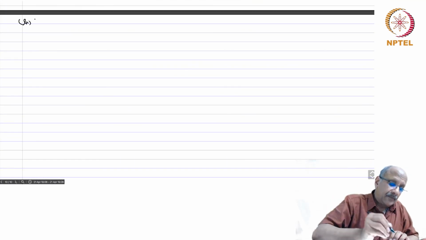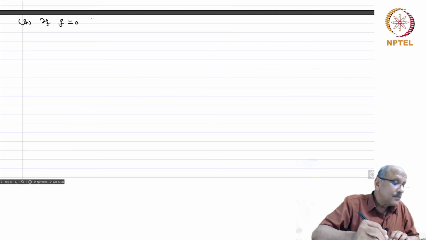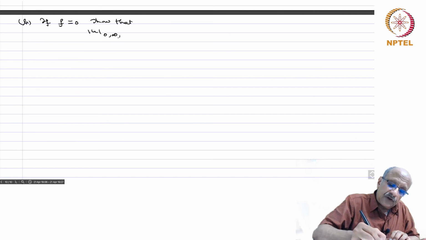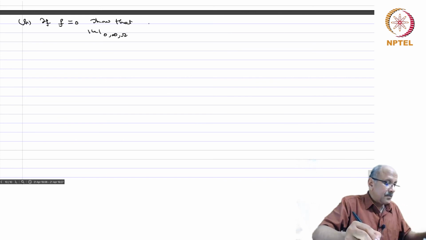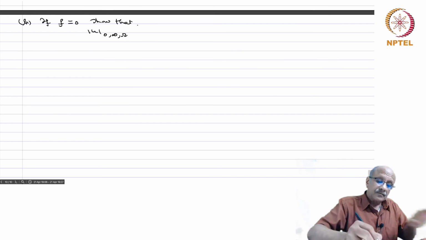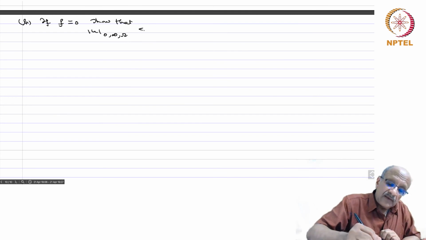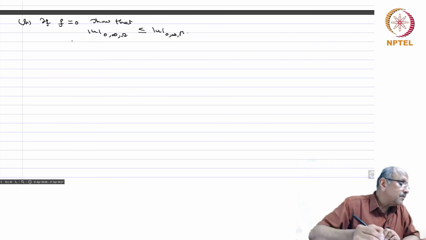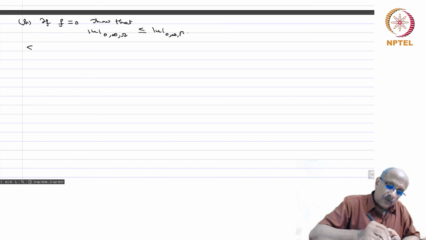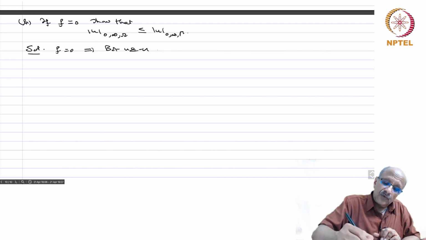B, if f equal to 0, show that the L infinity norm of u on omega is less than or equal to the L infinity norm of u on gamma. So, solution, f equal to 0 implies both u and minus u satisfy star.